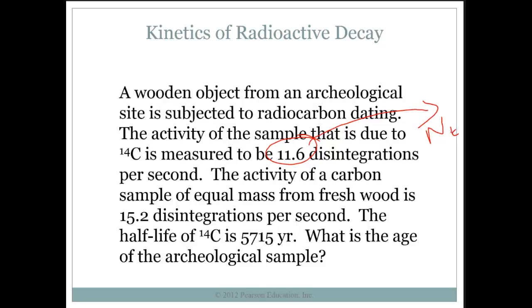The activity of a carbon sample of equal mass from fresh wood is 15.2 disintegrations per second. So that would be our initial. The half-life of carbon-14 is 5715 years. What is the age of the archaeological sample?